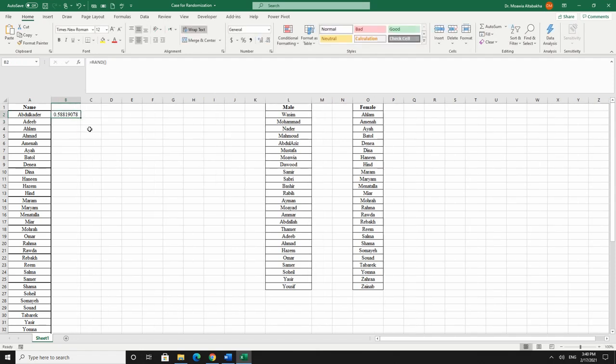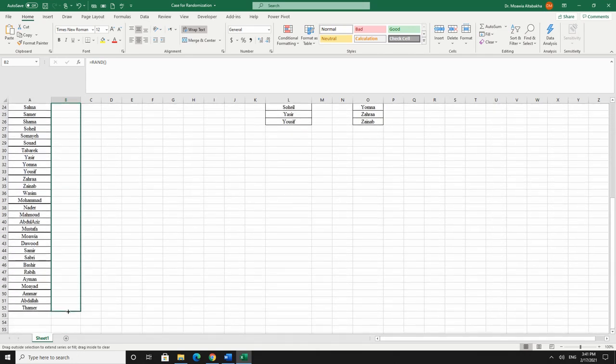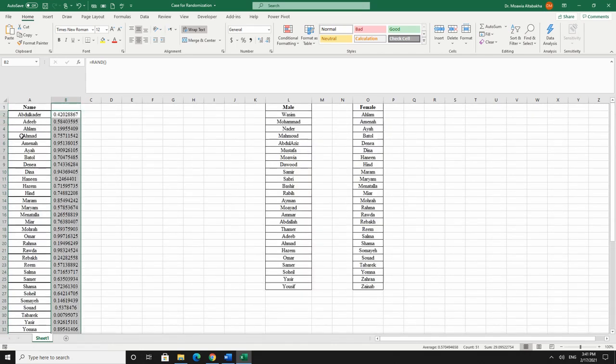See, it's generating a number, and this number is from 0 to less than 1. I will do this for the others. This is a random number from 0 to 1. Now I will take it to the others. See, everyone has a number. Look, Abdulqader is first, Adib second, Ahlam third.